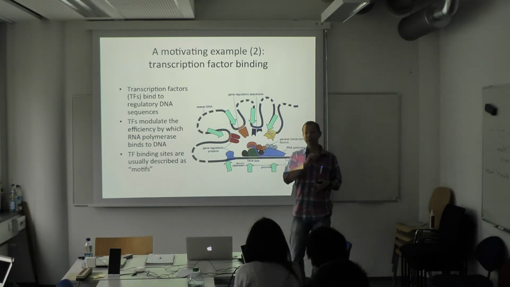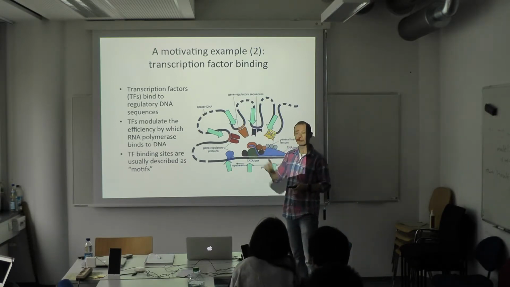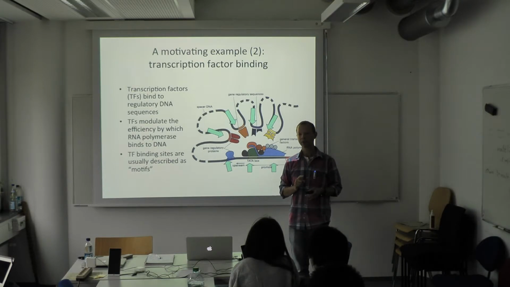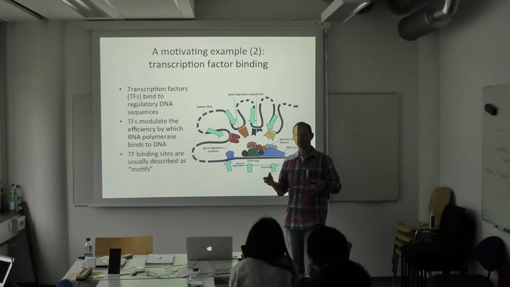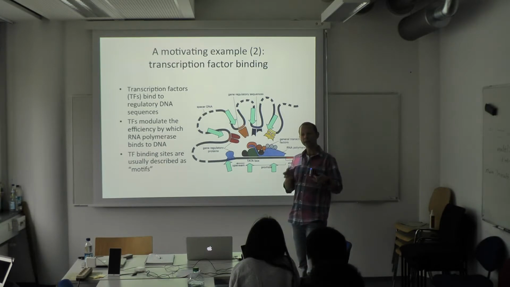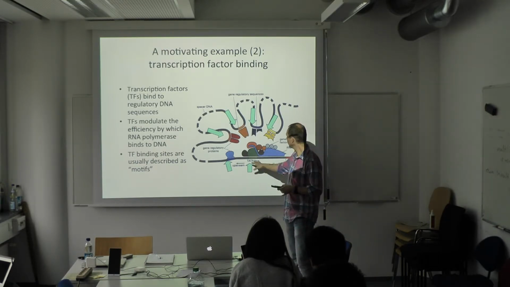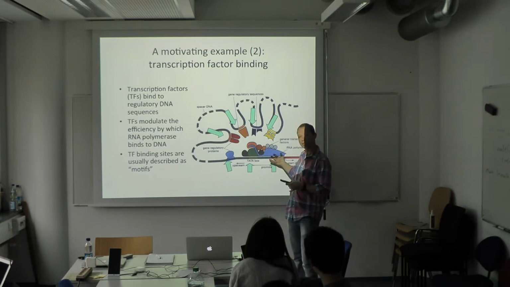And the file that I showed you initially was a file with these binding sites for one particular transcription factor. So there is a limited number of transcription factors. There are probably in the order of thousands in the human genome. And they seem to have different roles to play. Some of them work together, some of them work individually. But they will all have this kind of influence on the expression of genes.